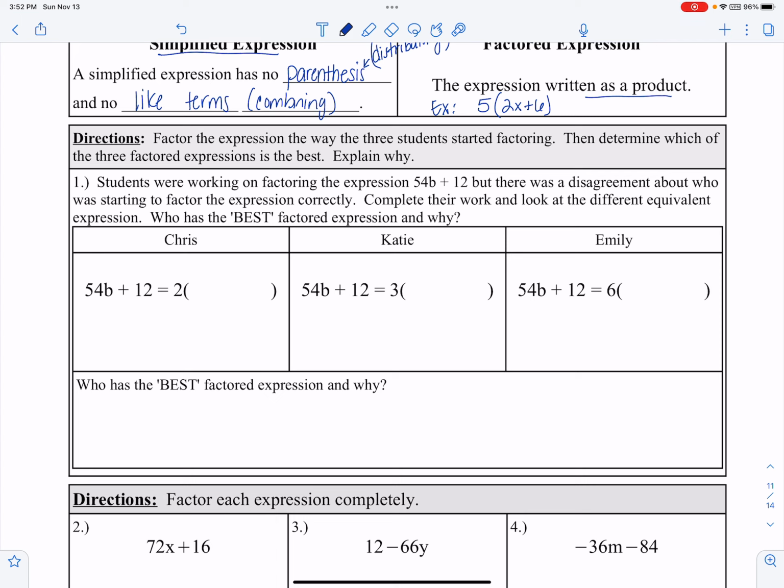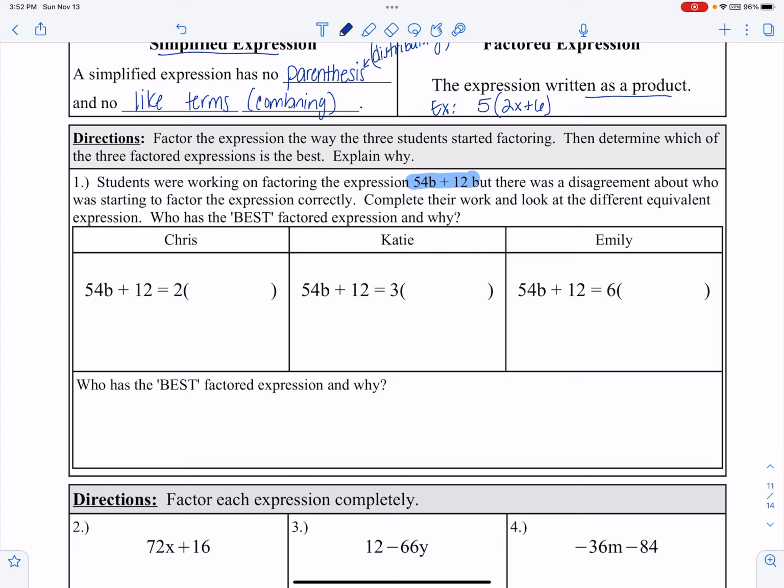They've all factored this 54b plus 12. But they're having a disagreement about who did the best factoring or who factored it correctly. So what we want you to do is go ahead and finish their factoring based on what they factored out. And then you can look and see who did it best.